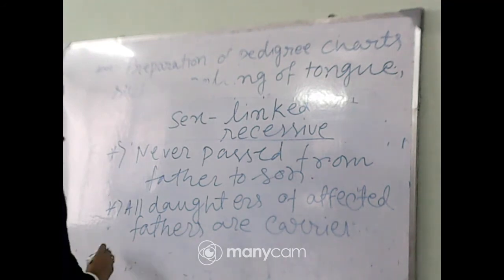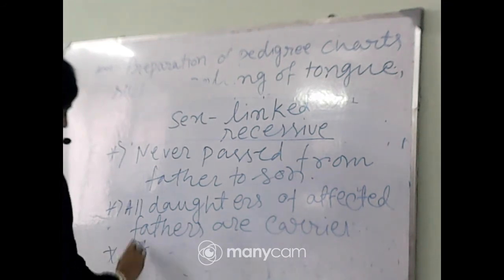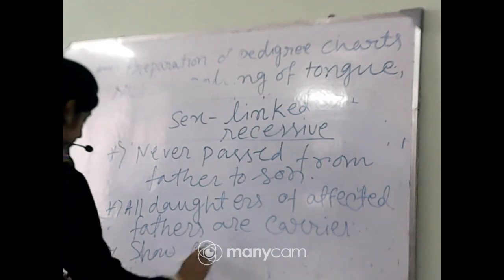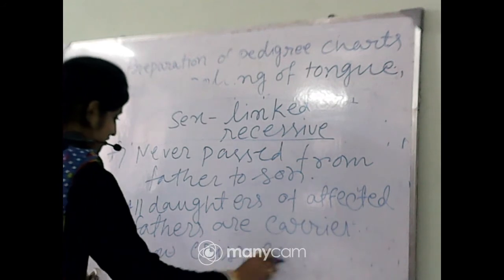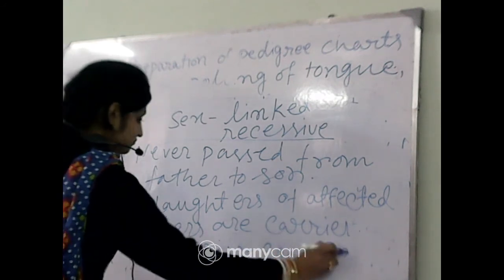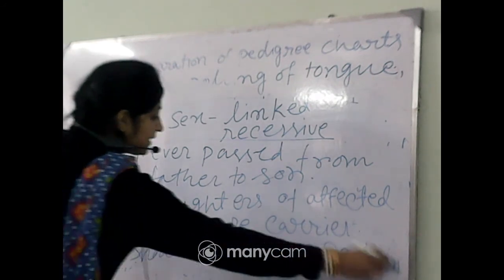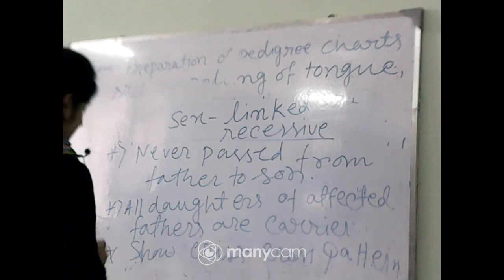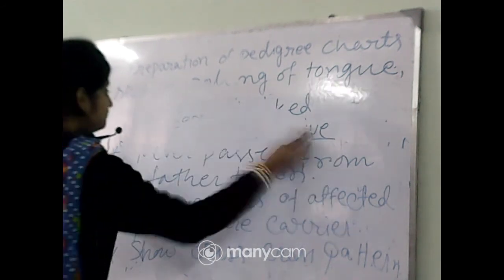So criss-cross pattern. This is the characteristics of the sex-linked recessive. So let's see one example. Sex-linked recessive.